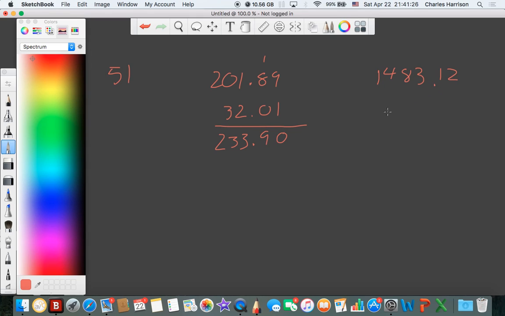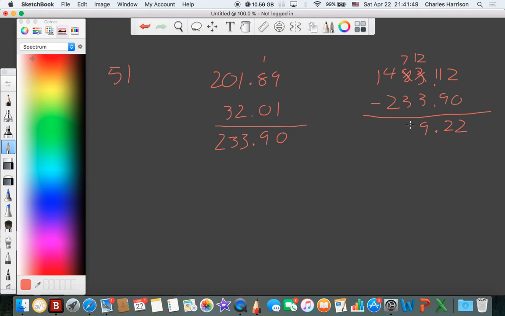All right. So 233.90 is what I'm subtracting. This is a 2. I get a still from here. That turns into a 2 here. This turns into 11 here. This turns into a 2 here. Still from here. This is a 7 now. This is a 12. This is a 9.